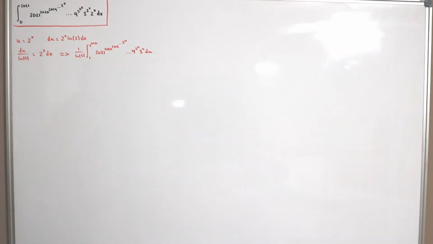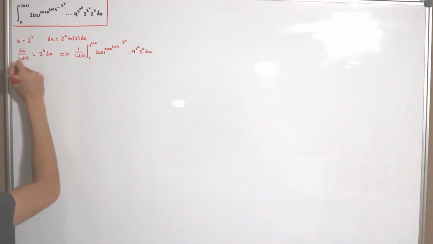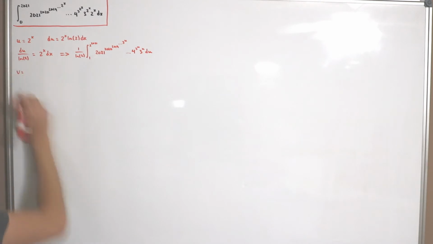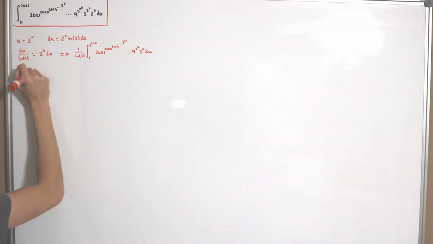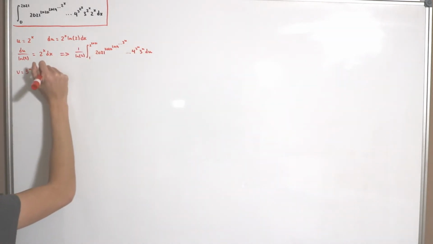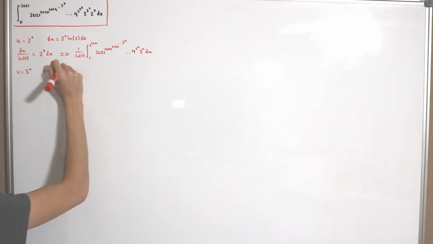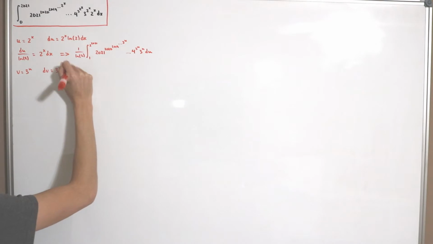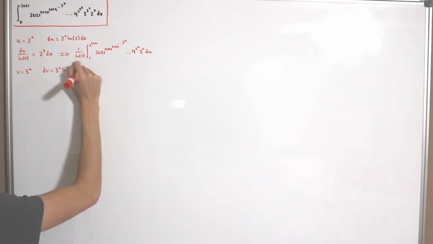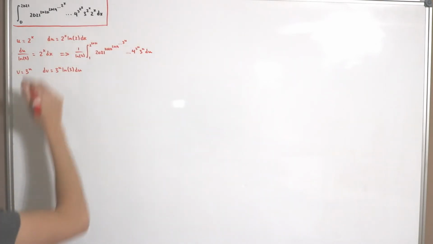Now let's do a second u substitution. This time I'll define the letter as v. So v is equal to 3 to the power u. I do the same thing, so dv is equal to 3 to the power u multiplied by ln of 3 du. We're going to do the same method just like before.